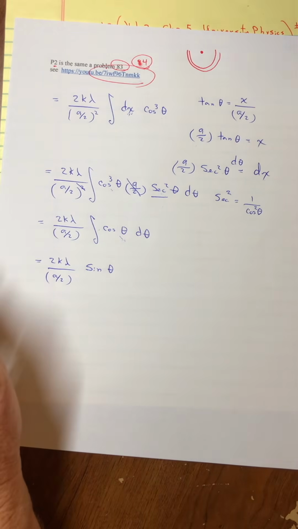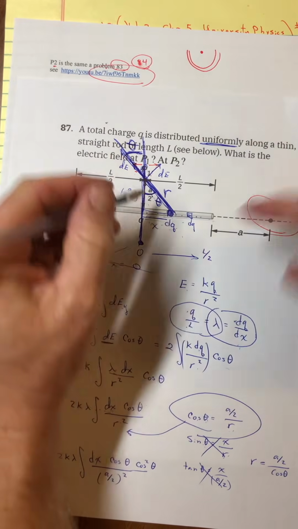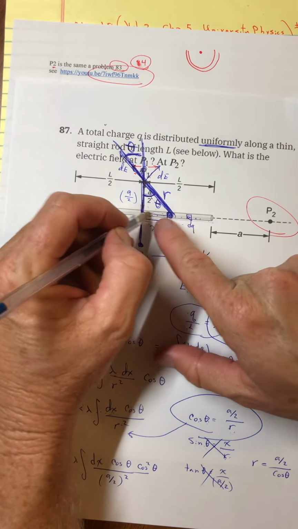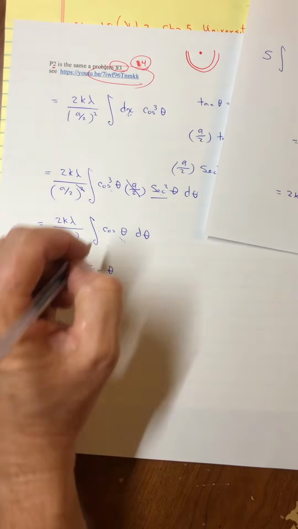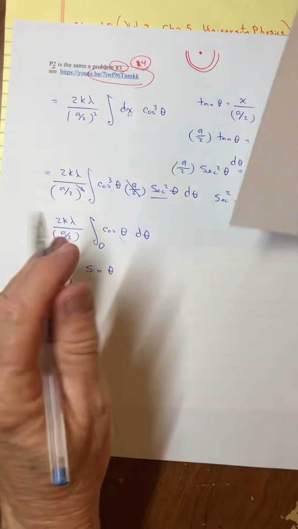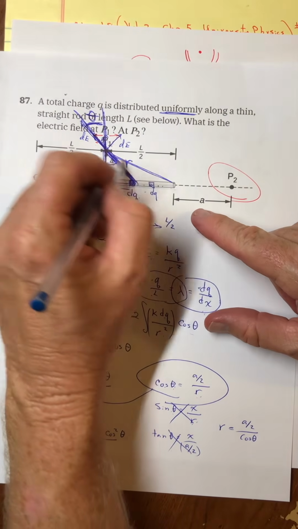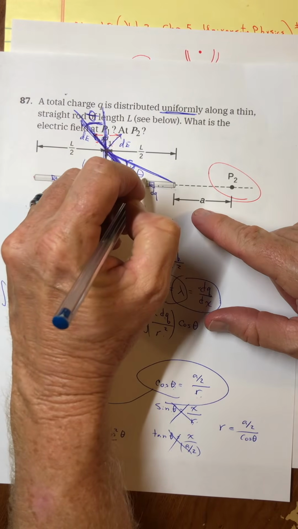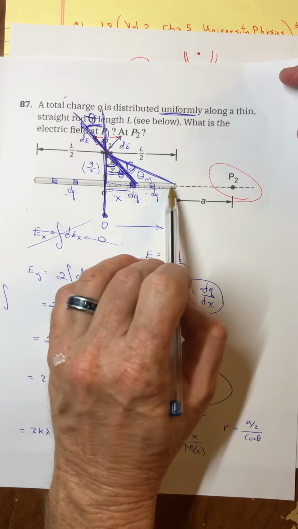Now, of course, we also should ask what are our limits. Now, let's go back to our picture. Remember, we're doing this half of the rod. And so as you think about this angle here and the first chunk of charge being right here, there would be 0 angle. So our limits would be 0. And then eventually we would get all the way over to here, which is, maybe I'll just call it theta maximum. The maximum angle you get as you get to the end of the rod.